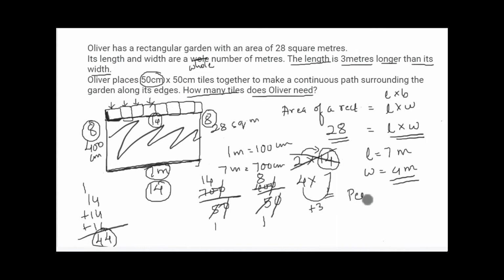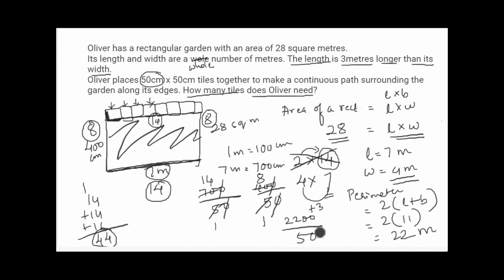The other way is you find the perimeter of the rectangle, which is 2 times length plus breadth. So 2 times 7 plus 4 is 2 times 11, which is 22. Now this is 22 meters. Again, if you convert it into centimeters, it is 2200 centimeters.